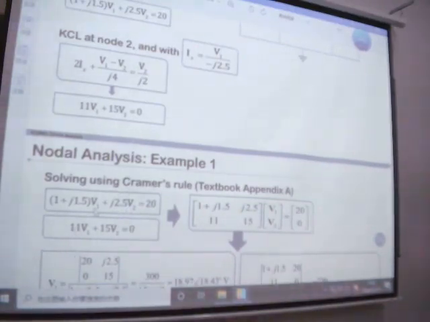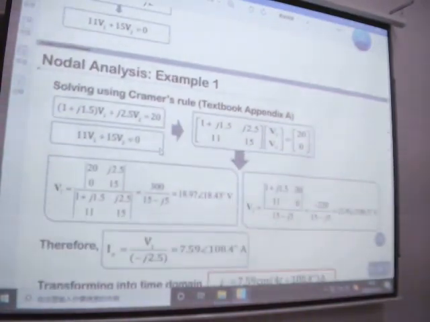This is in algebra form, and we can transfer it to matrix form by taking out the coefficients of V1 and V2, putting V1 and V2 as a vector. And the right-hand side is the value of the source.